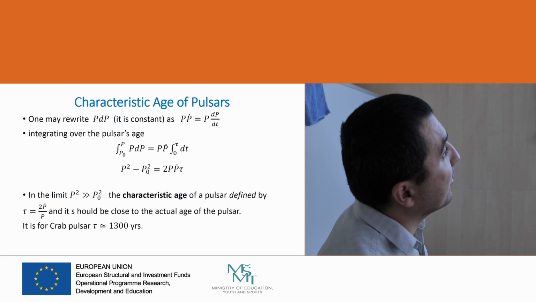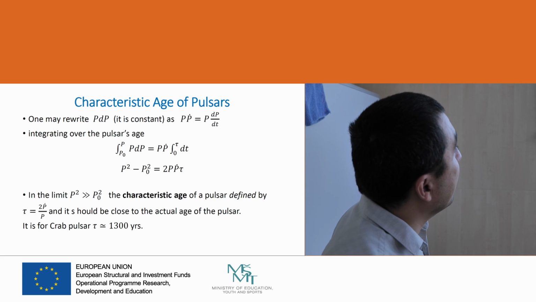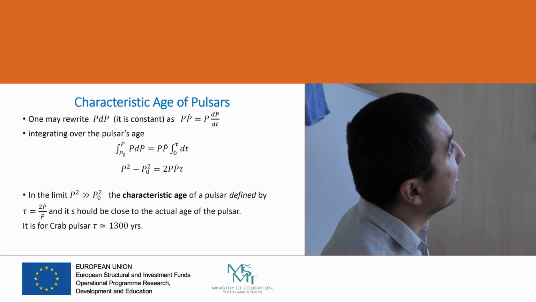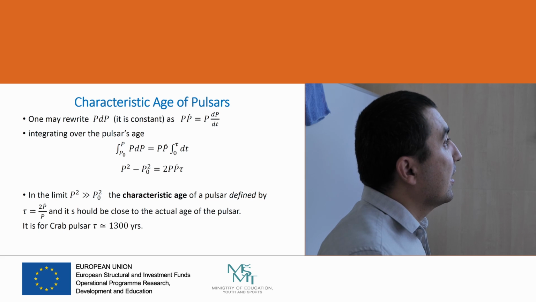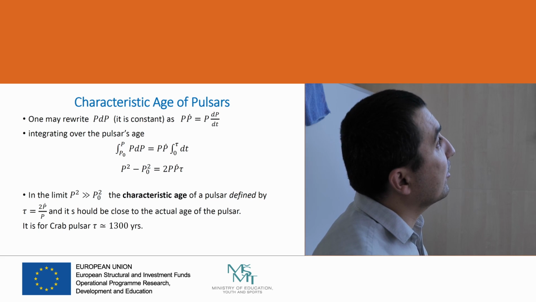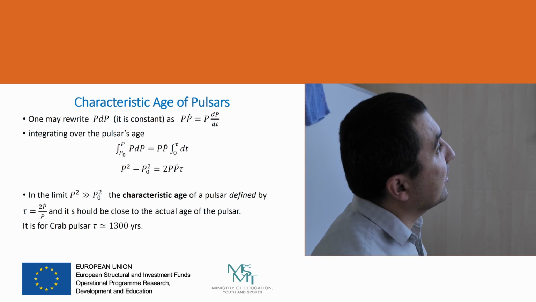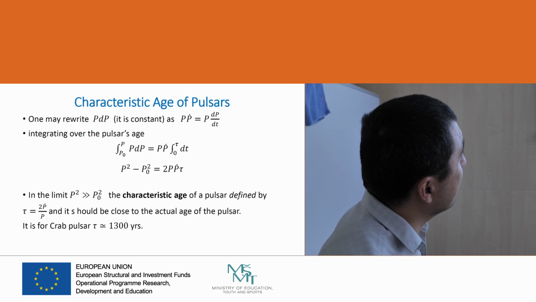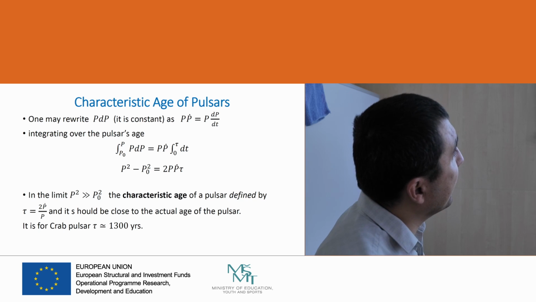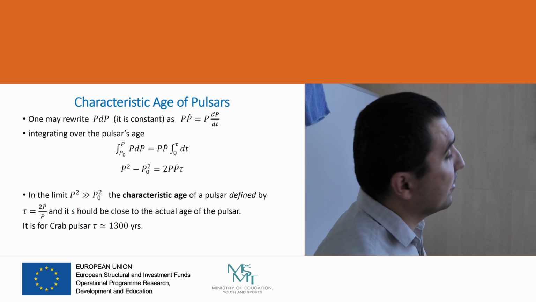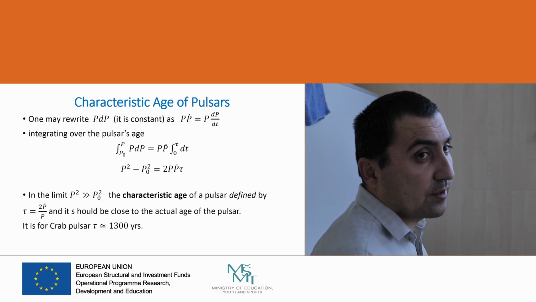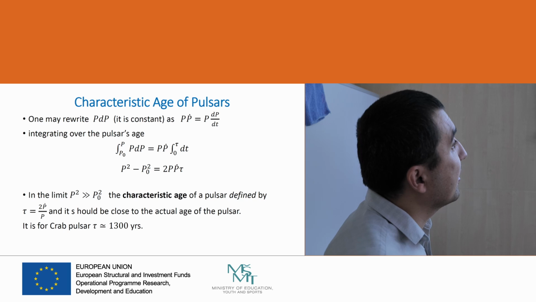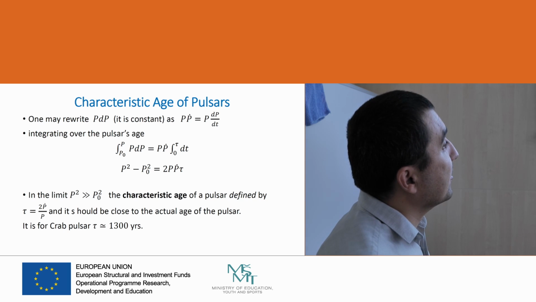Here I show the simple calculation of the characteristic age T. For pulsars, this P Pdot is constant, and we can integrate from P0 up to P, and P is much higher than P0, its initial period. The pulsar slows down, and its period becomes larger and larger, and P squared becomes much higher than P0 squared.